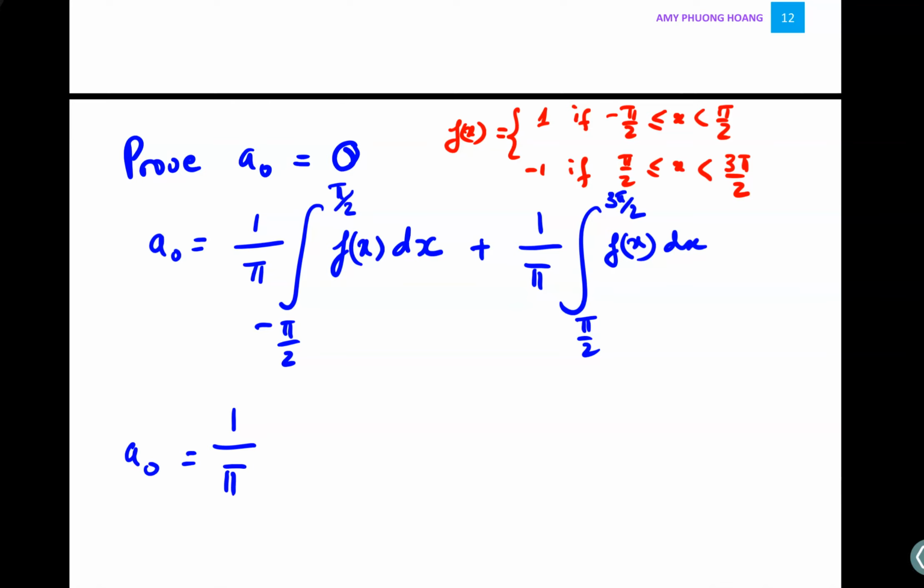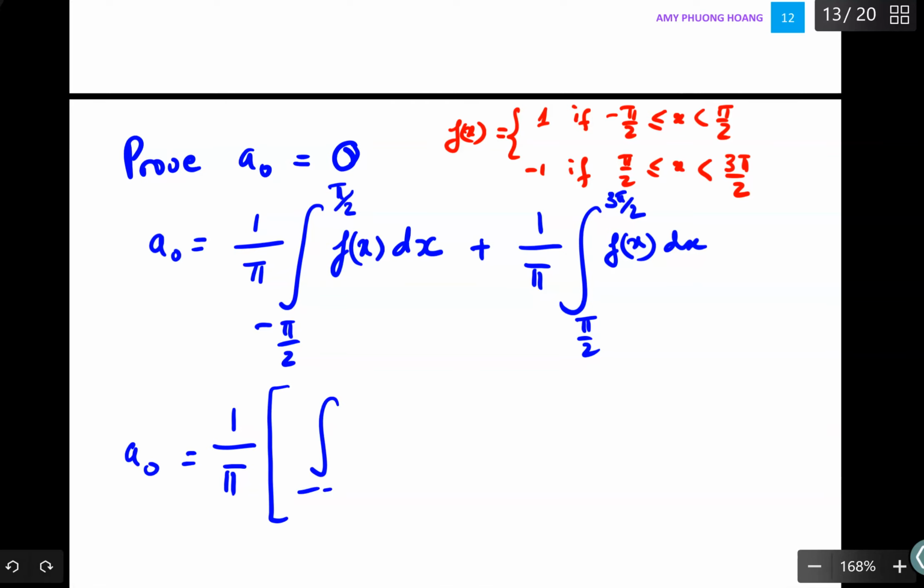Inside the bracket I have the integral from negative pi over 2 to pi over 2 of the function 1 times dx, plus the integral from pi over 2 to 3 pi over 2 of negative 1 times dx.